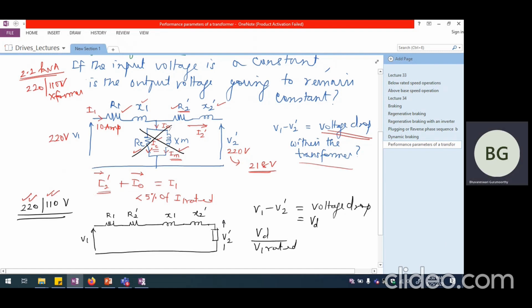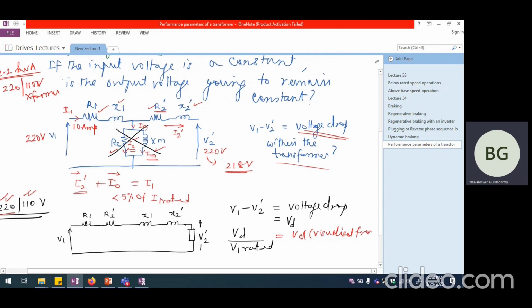So if I transform the secondary side voltage to the primary side, it should still be 220 volts, which should be constant. So in this particular case, we should write this as VD, voltage drop, visualized from the primary side.